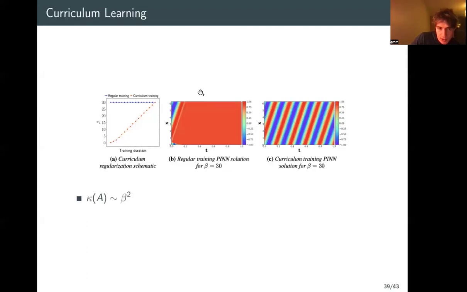We saw that the condition number of the linear advection problem was related to the constant velocity squared. So if we start from a smaller velocity, our condition number will improve quadratically. Then we can solve our equation, and progressively make beta larger.